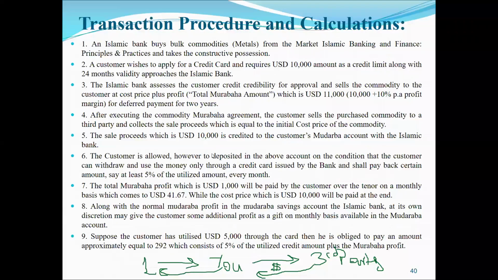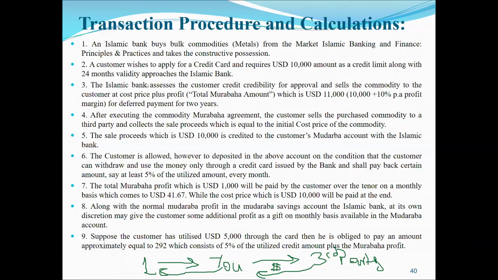Okay, how does the credit card work here? First of all, the Islamic bank buys a commodity from the market. The customer wishes to apply for a credit card and requires $10,000 as a credit limit along with 24 months validity. So they put the validity, the installments, up to how many months or years you will be able to buy specific items. For example, they assign 24 months.